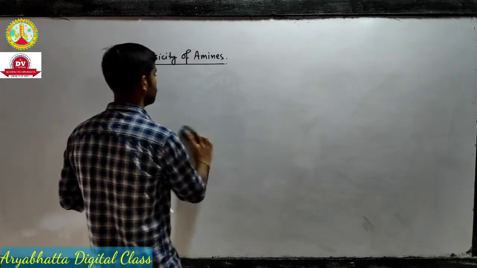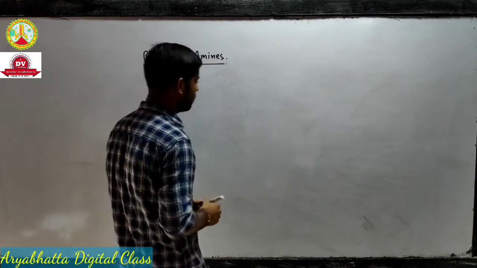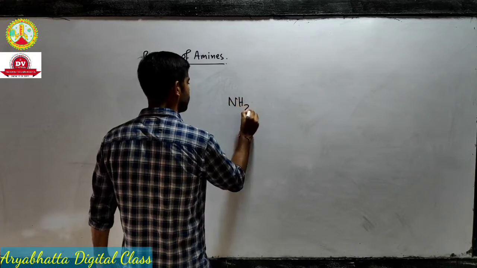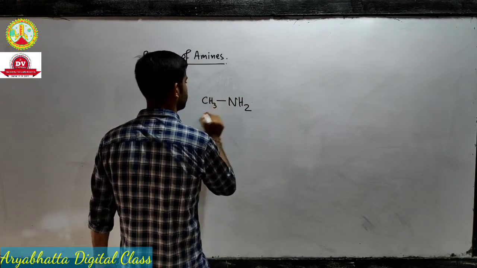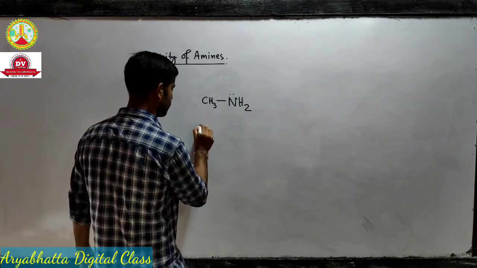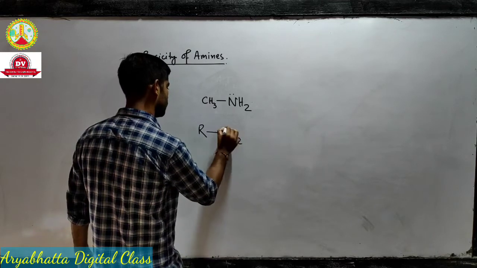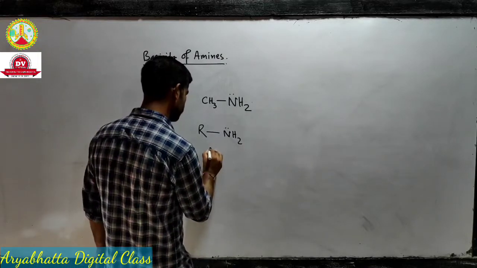Now, since we are discussing amines, suppose I replace one hydrogen with a methyl group, that means an alkyl group. So this is a primary amine, a 1 degree amine.